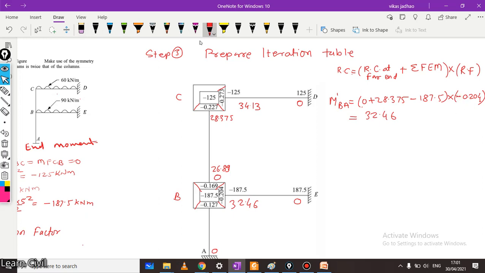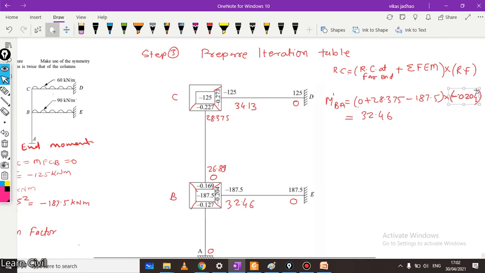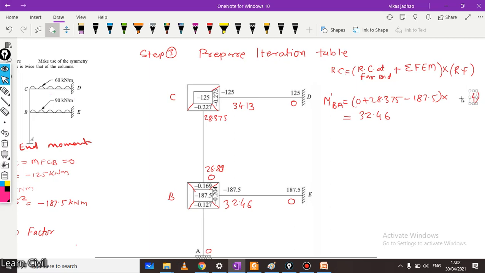We have to change only the rotation factor, so it will be minus 0.127.